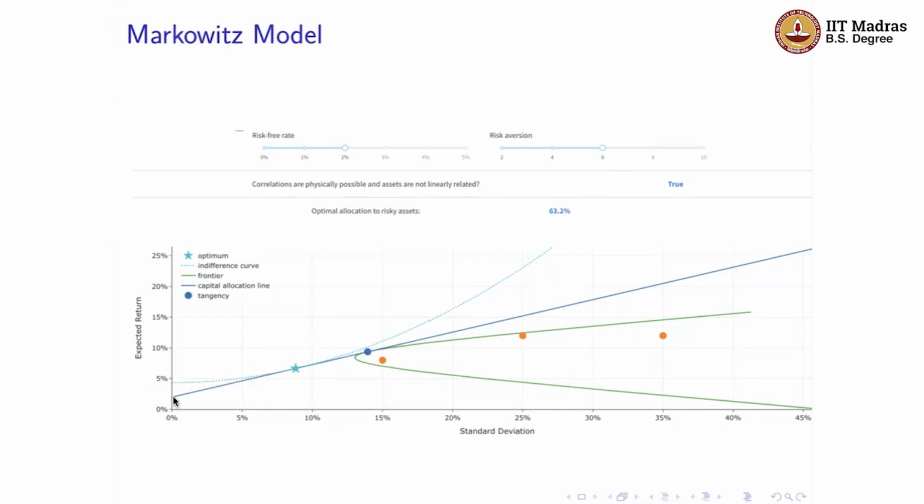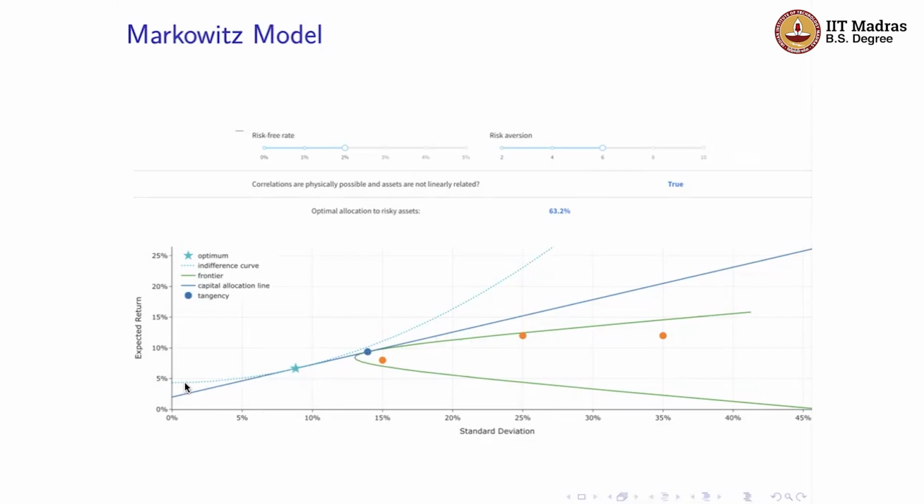So the idea is, this is the standard deviation. You are going to be investing some of your money in the risk-free asset, which gives 2%, and some of your money in this tangency portfolio, which is our optimal risky portfolio, and you are going to end up on this star.